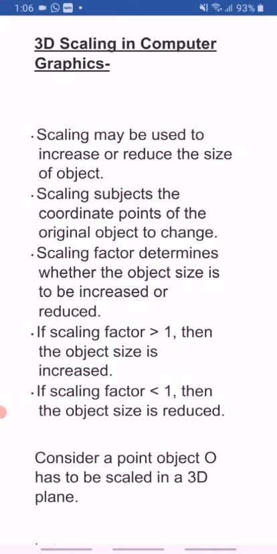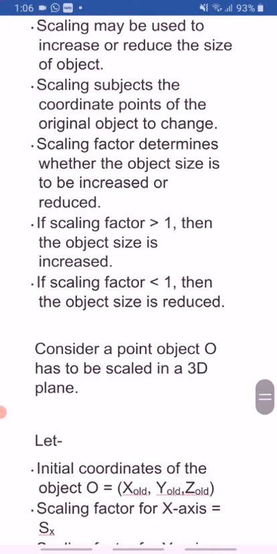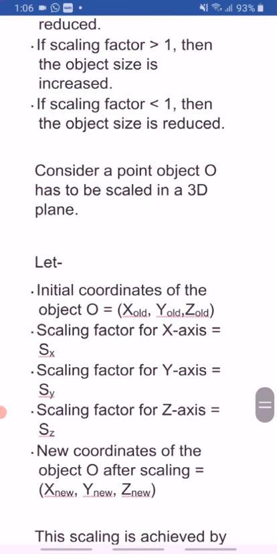If the scaling factor is greater than 1, then the object size is increased. If the scaling factor is less than 1, then the object size is reduced. Now, consider a point object O has to be scaled in the 3D plane.